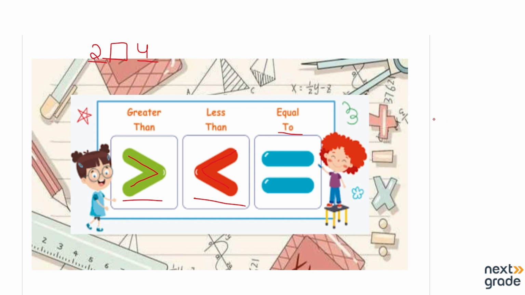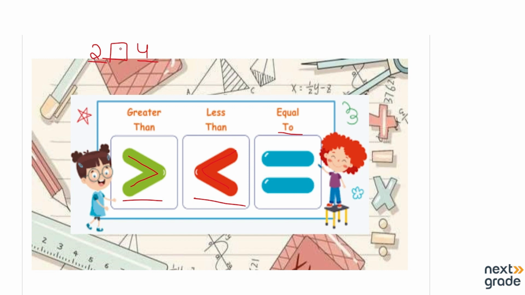I'm going to show some examples in which we place the numbers we are comparing in a place value chart, and then we discuss which number is greater or which number is less. Before we go to the next slide, let's see whether 2 is less than 4 or greater than 4.